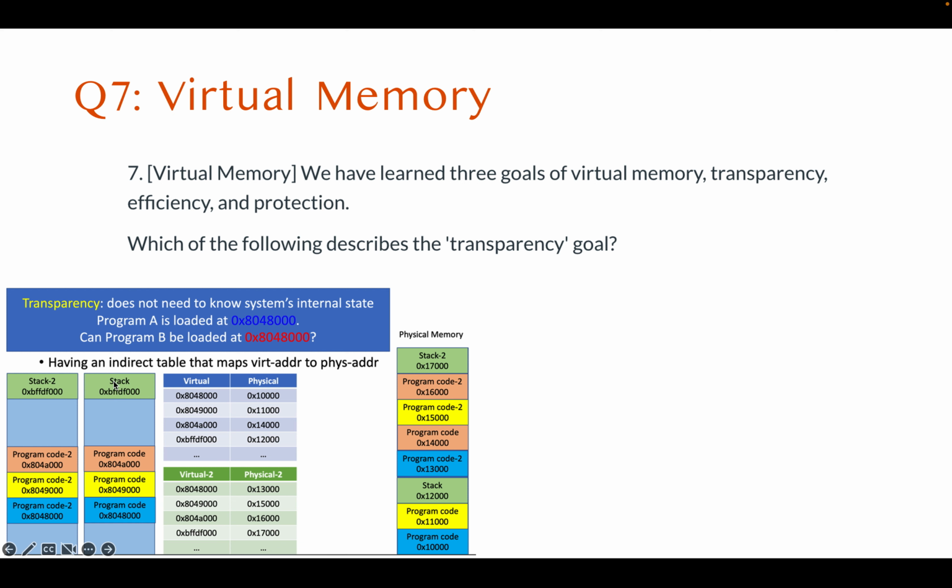Suppose we have this example with only 2 programs, and suppose multiple programs are running. It could be the same program or totally different programs, but some naive engineering practices just use the default addresses when creating programs.